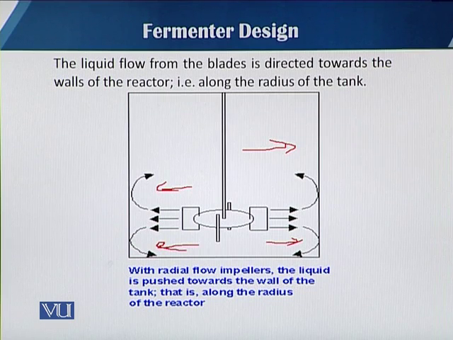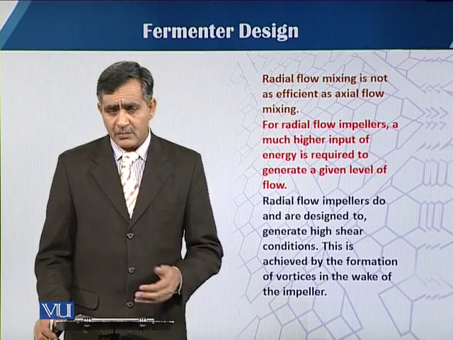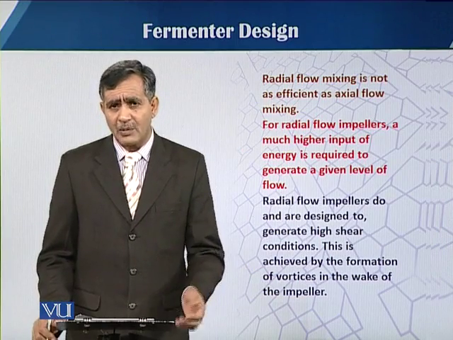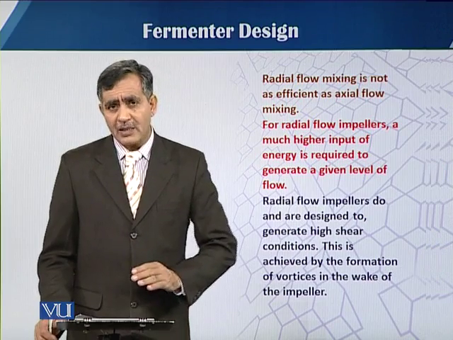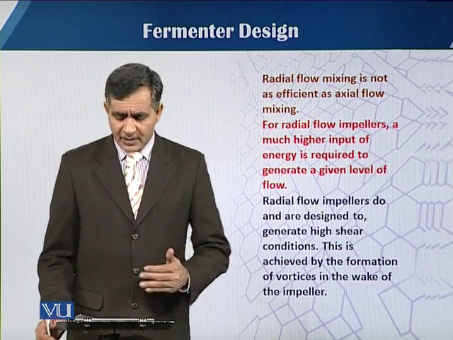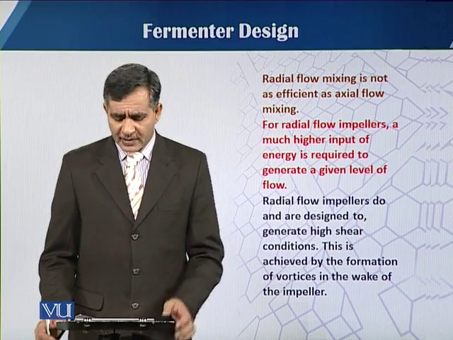With the radial flow impeller, the liquid is pushed toward the wall of the tank, along the radius of the fermenter. So radial flow mixing is not as efficient as axial flow. We will talk in detail about axial flow, but in comparison axial flow is considered more efficient, though radial flow has its own positive factors.